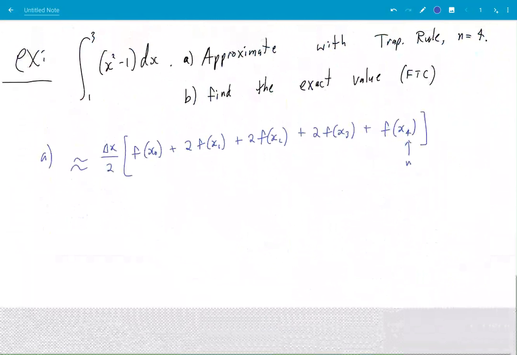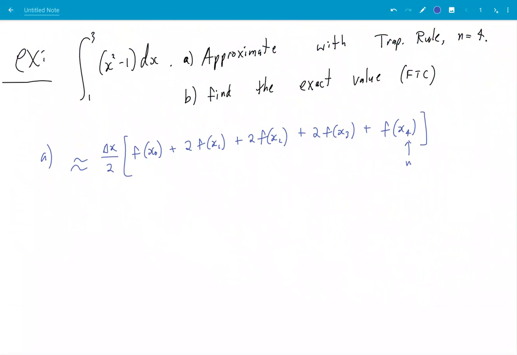Okay, what's delta x? Delta x is equal to b minus a over n, as usual. So 3 minus 1 over 4, which is a half.